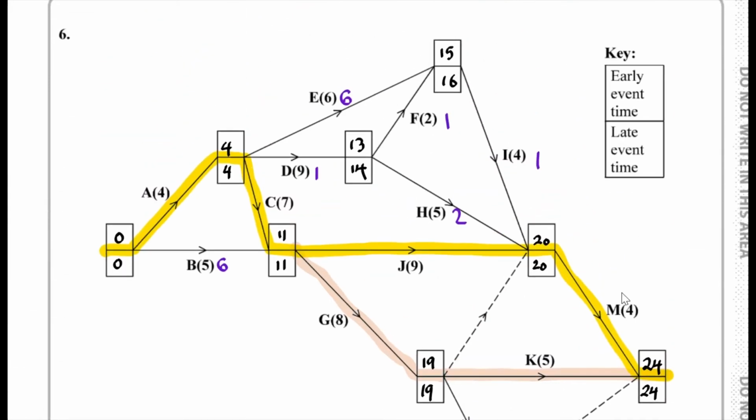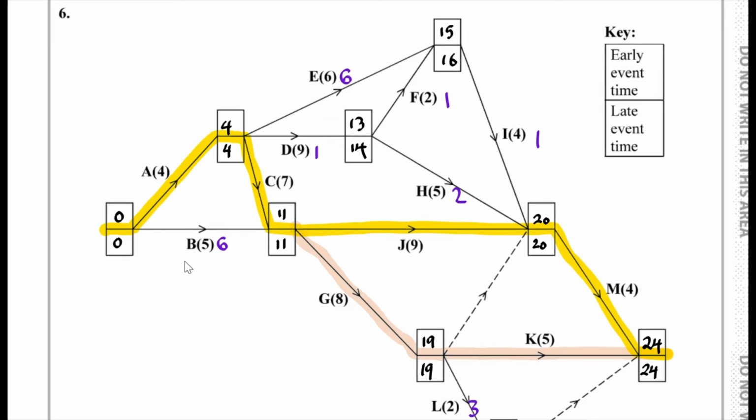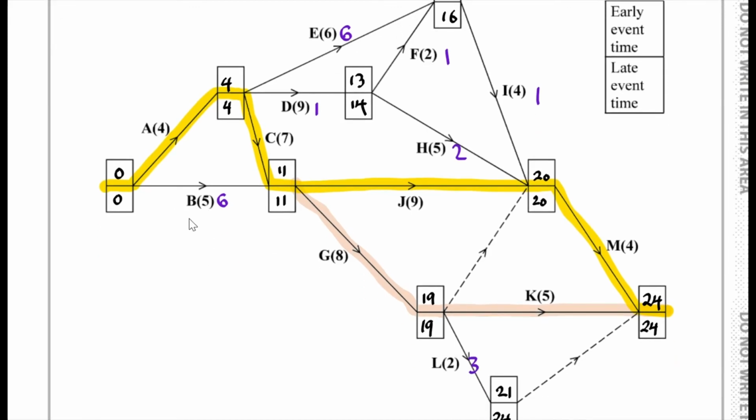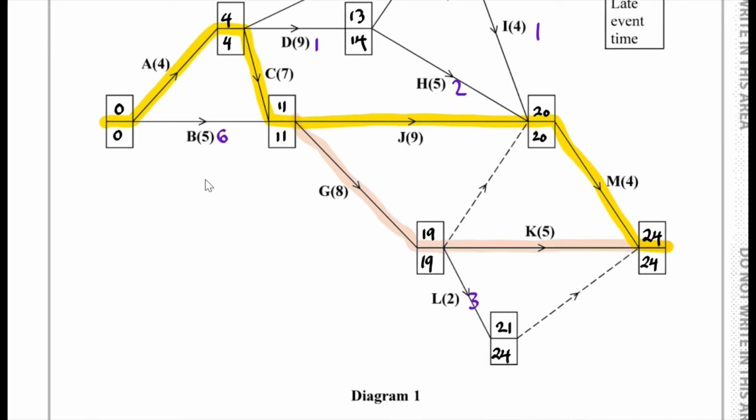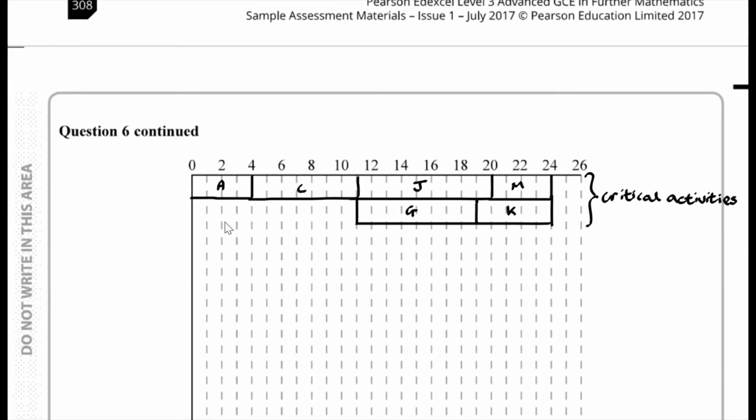And now we've got the other ones. Now, if we consider B, it has a length of 5. So let's just add that in. So B, that takes us up to 5. 5 is over here. And we add that in.